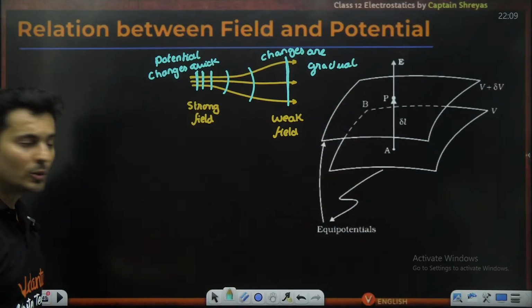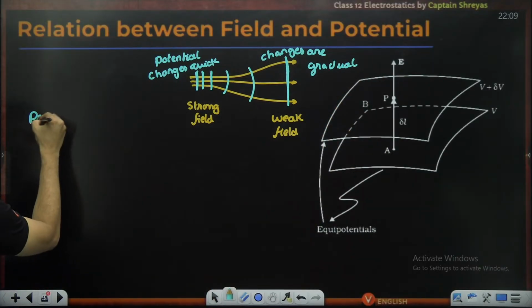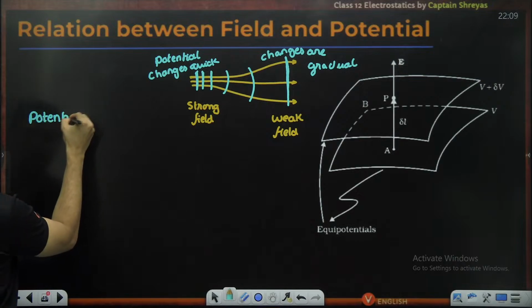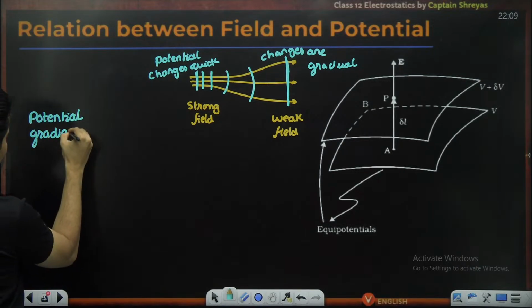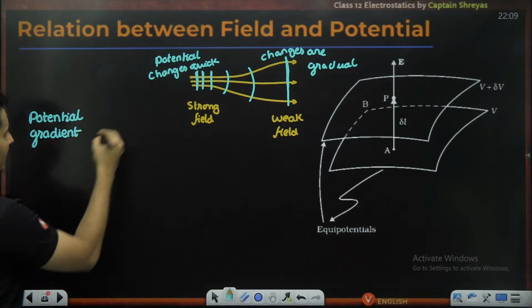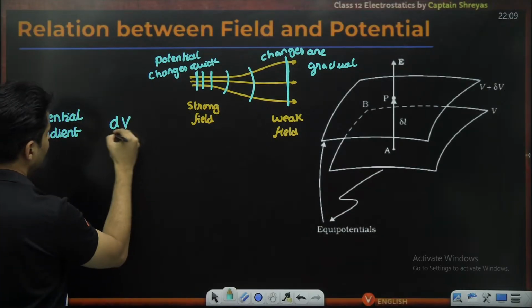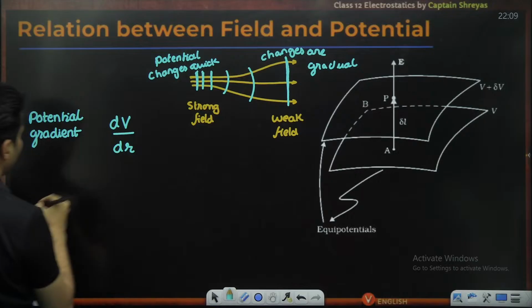So we get a new term called the potential gradient. This term, potential gradient, is nothing but the rate of change of potential.